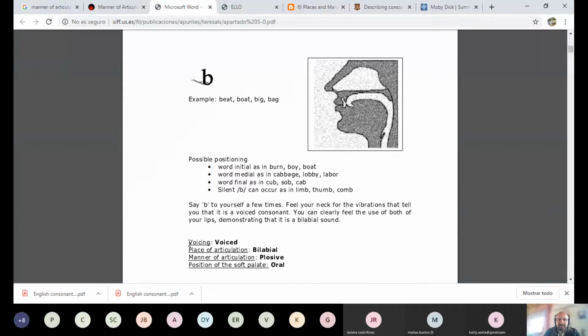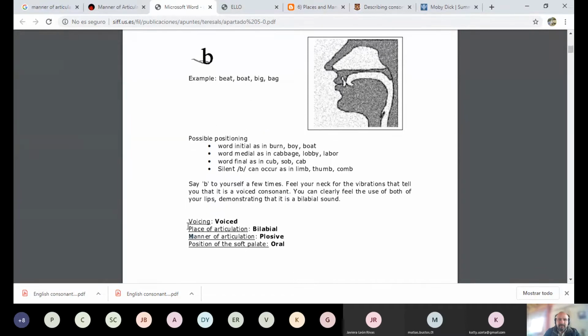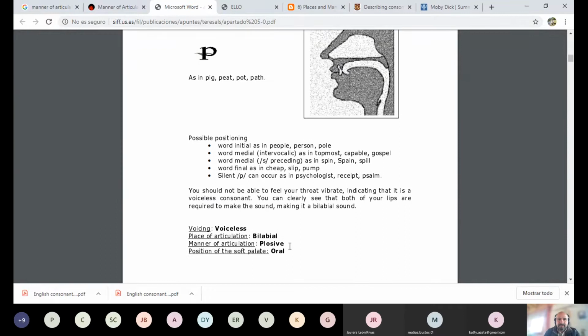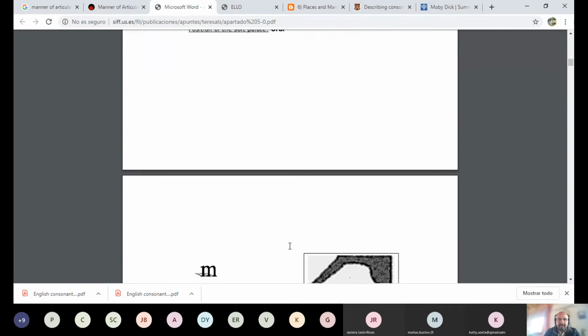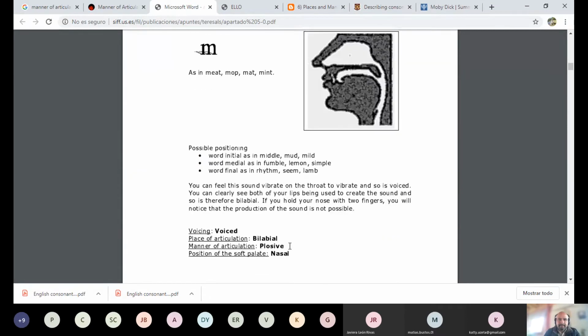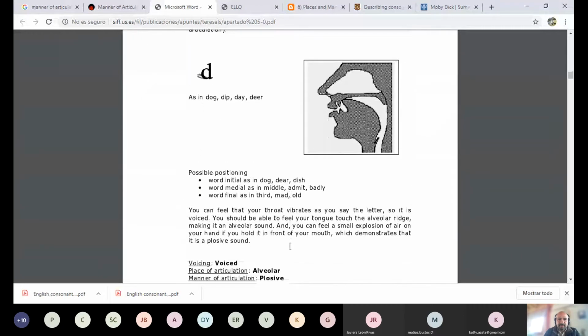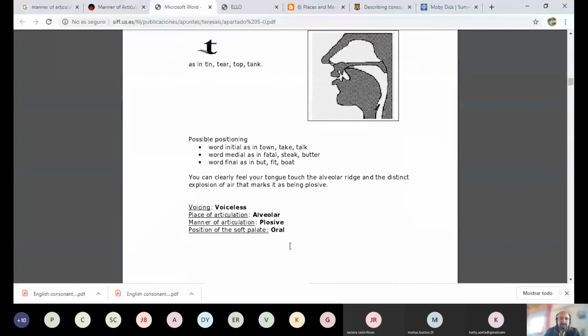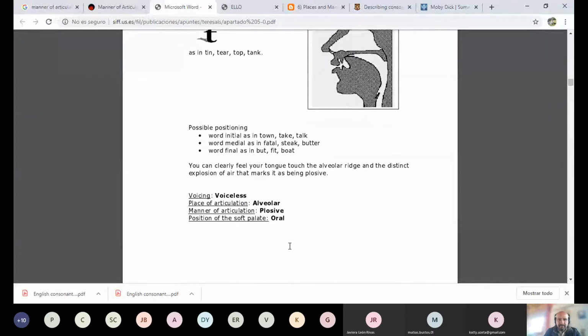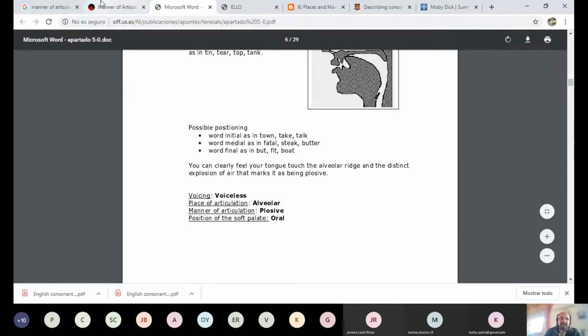Then you get the full description considering all the criteria: voicing, place of articulation, manner of articulation, and whether it's an oral or a nasal sound. So you have b, you have p here, etc., etc. This is a very good summary for all of you who may want to have all the information in a very concise manner.